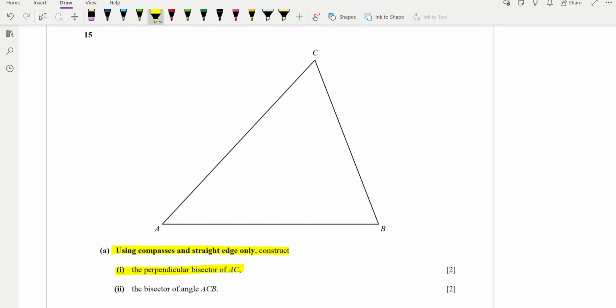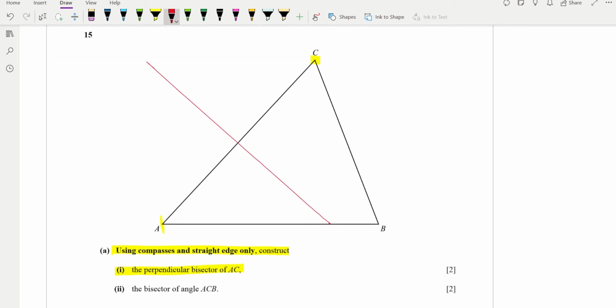To draw the perpendicular bisector of AC, we will put our compass over A and C. After putting the compass at A and C, we will mark arcs, for example like this and this, and on this side also this and this, and then we will draw the perpendicular bisector. So roughly, if I draw the perpendicular bisector like this one, say this is the perpendicular bisector which we have drawn.